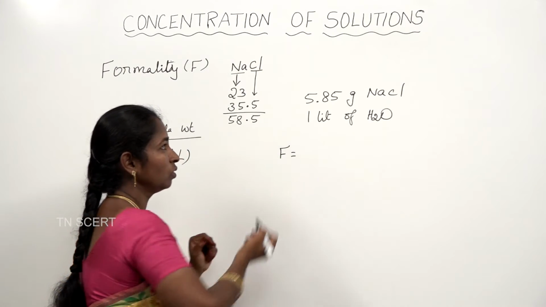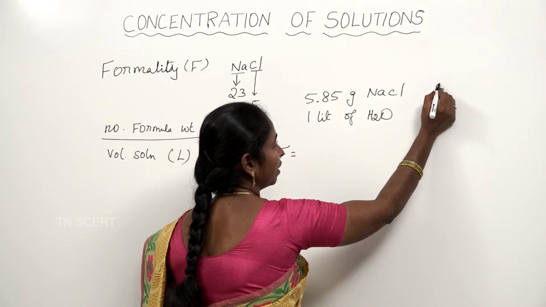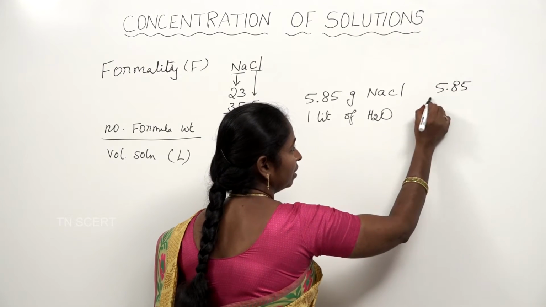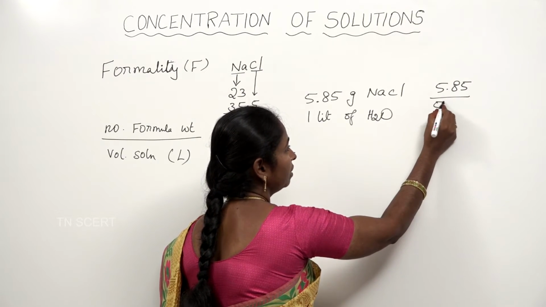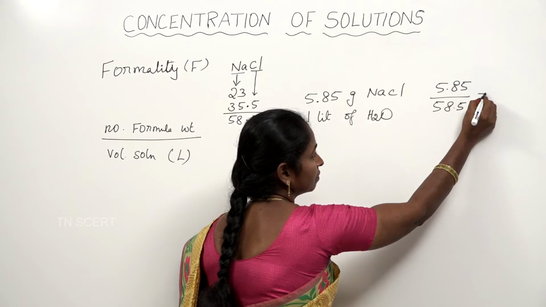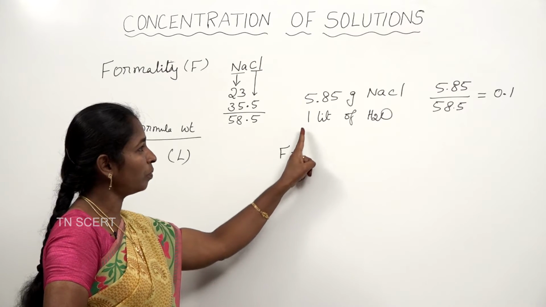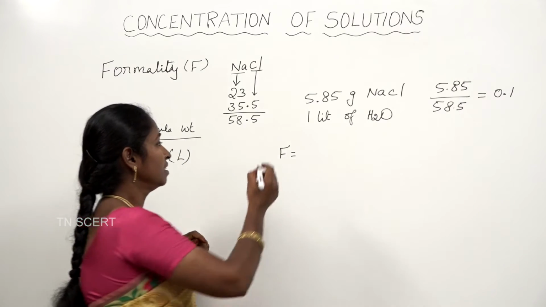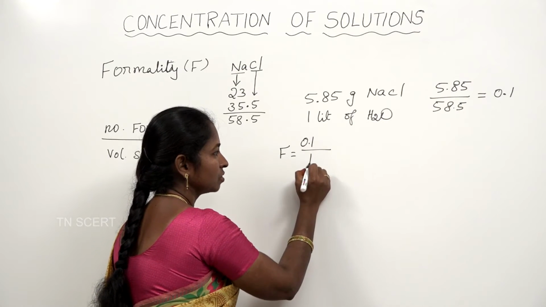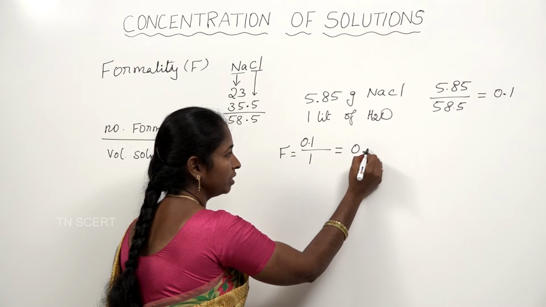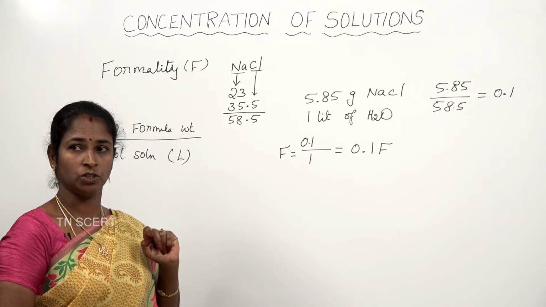F is equal to number of formula weight, that is mass 5.85 divided by its formula weight 58.5, which is equal to 0.1. The 0.1 formula weight is dissolved in 1 liter, which is equal to 0.1 F. This is the formality of the solution.